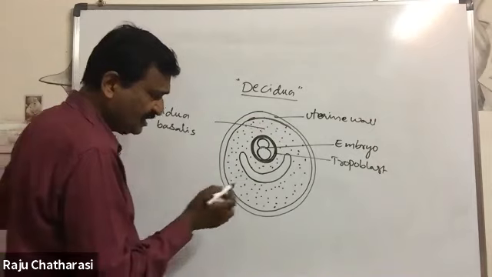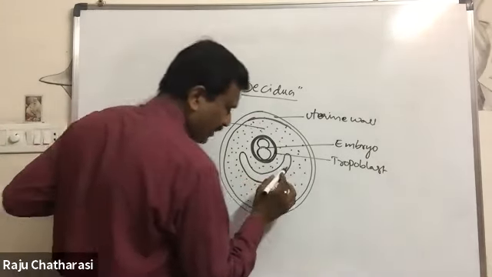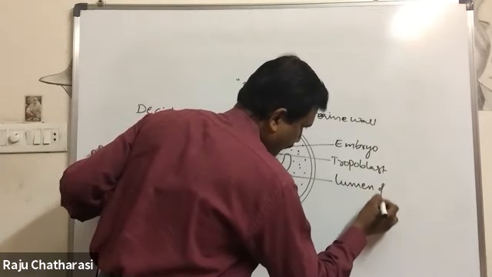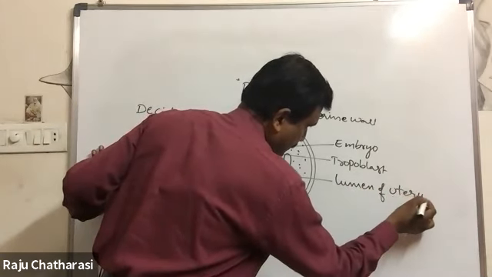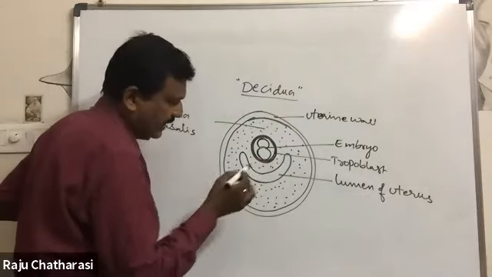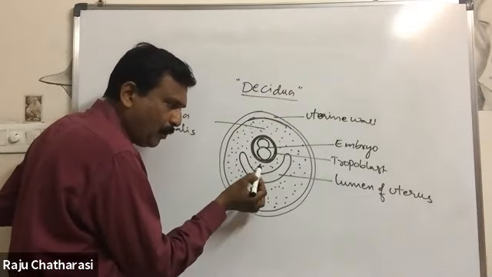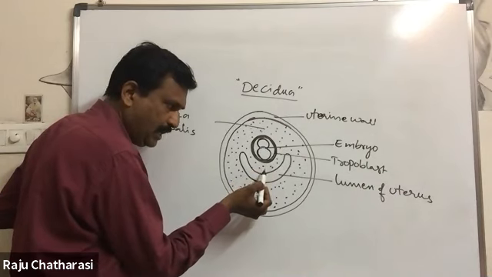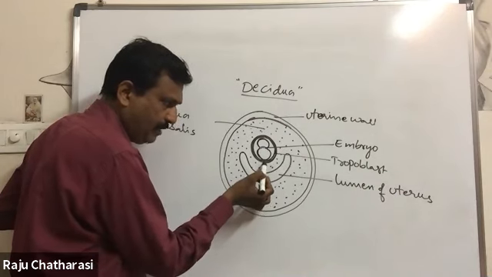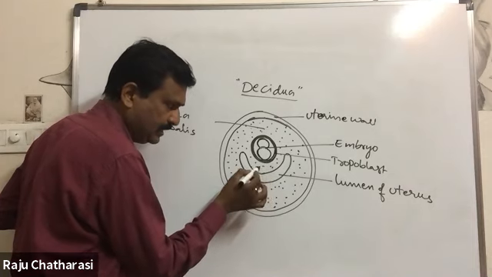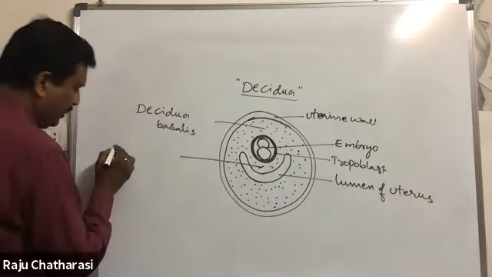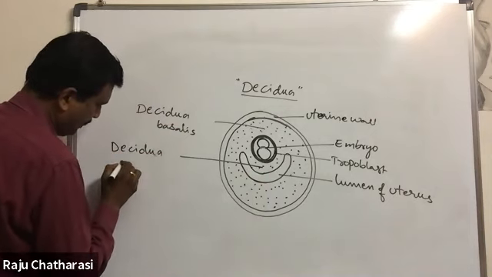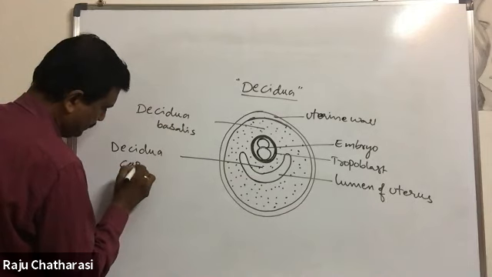Next, here this is the lumen of the uterus. The decidual portion which is present between embryo and lumen of the uterus is called decidua capsularis.